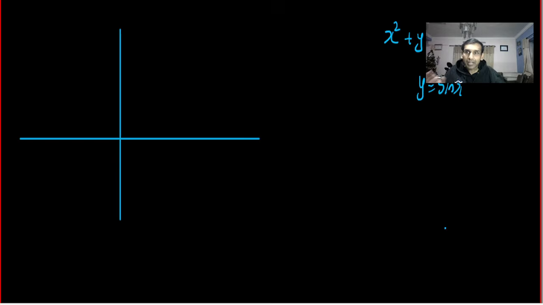Anyway, when I have a Cartesian equation, I can create a Cartesian graph. That means I will collect all the coordinates which will balance this equation. For example, 1, 1 or maybe root 2, 0. I will collect all the points which balance and I'll get x, y, x, y, x, y and I'll be able to create the graph.